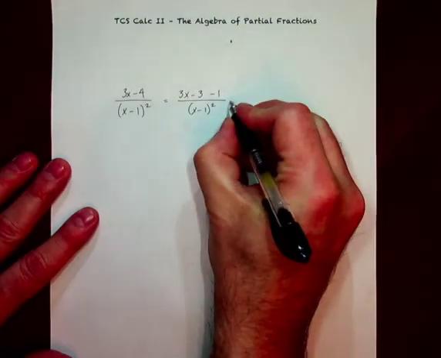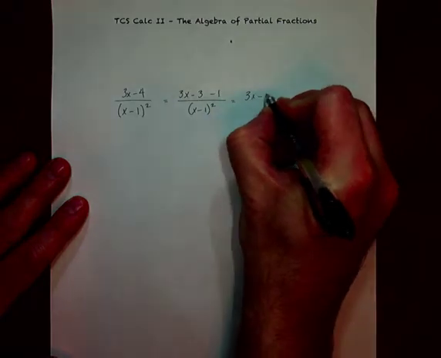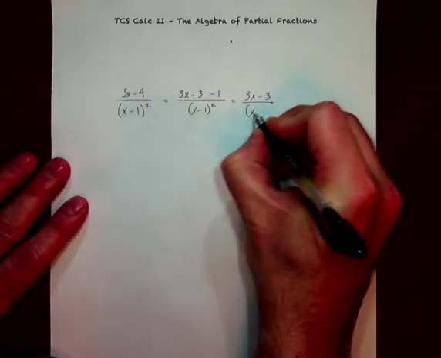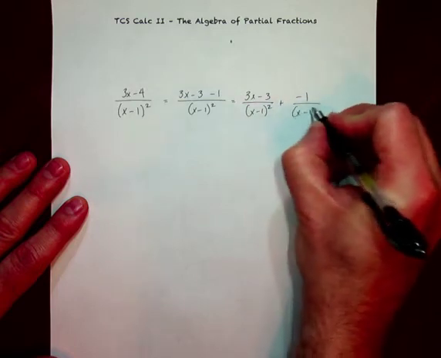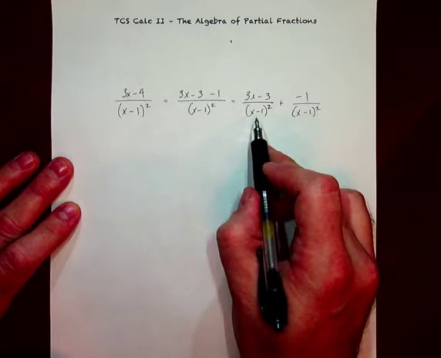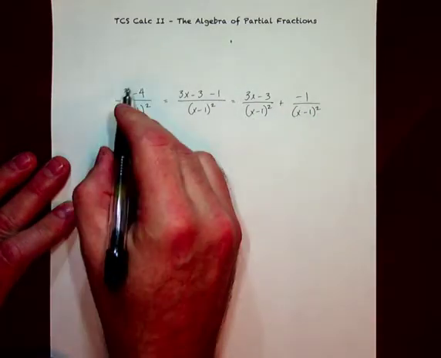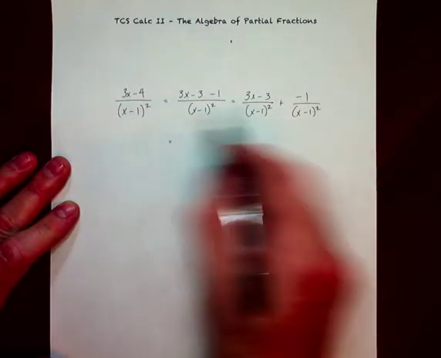And the whole purpose of that is that now I can separate the fractions. Okay, and of course this is going to reduce. So if you have a linear over a repeated linear factor, this will always be possible.